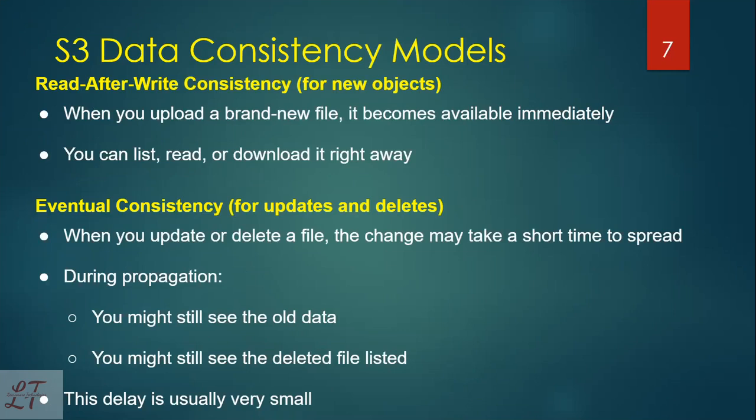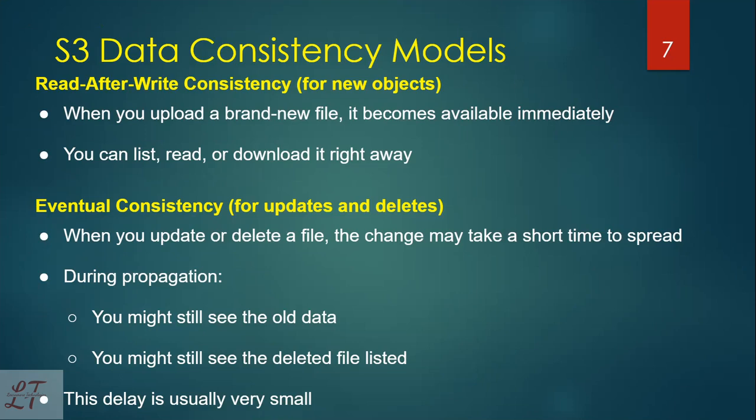So coming to data consistency model, there's read after write consistency and there's eventually consistency model. Let me explain in simple words. Read after write consistency is basically like when you're uploading a file inside the bucket, the changes are immediately reflected in the bucket.